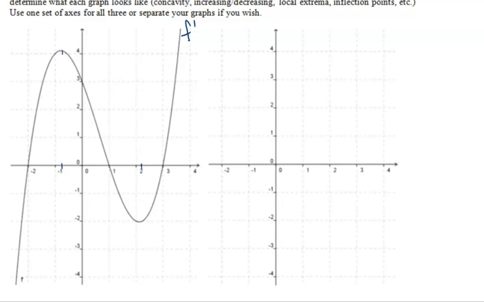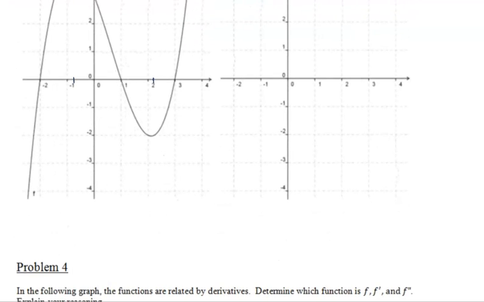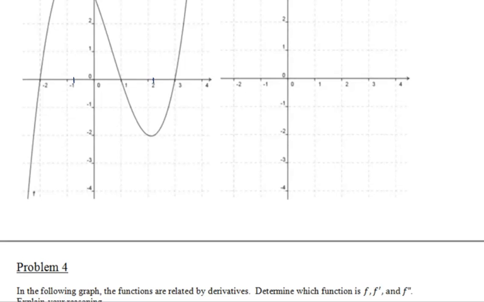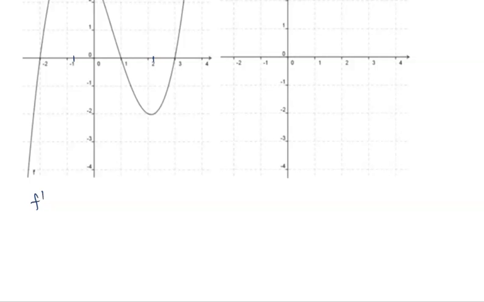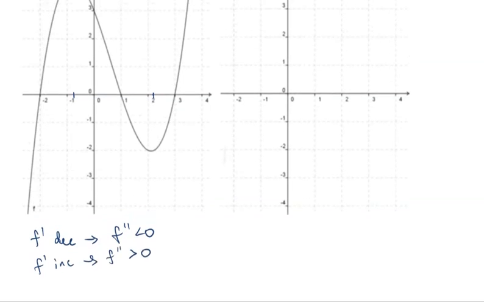So if f prime is decreasing, then that means that f double prime is negative. And if f prime is increasing, then f double prime is positive.